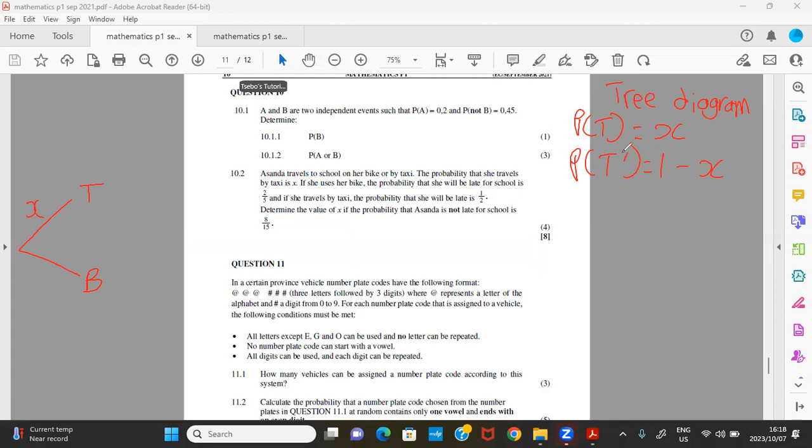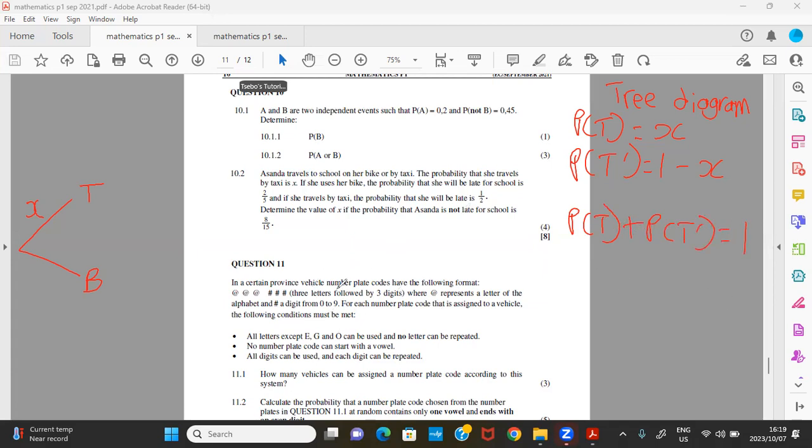Is that clicking? Because of the complementary rule, we know that when she travels by taxi, it's going to be X. So if she's not traveling by taxi, it's going to be 1 minus X, all right? Because when we add them, the probability of traveling by a taxi plus the probability of not traveling by a taxi, we must get 1.